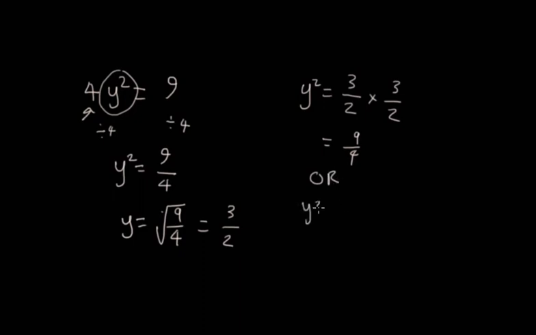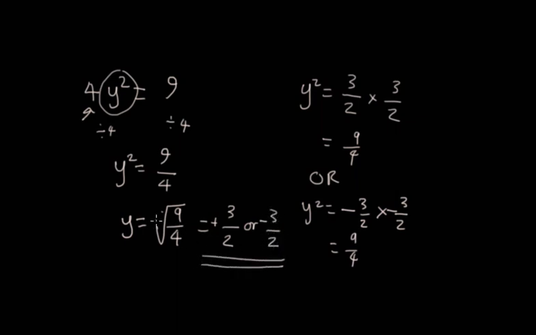We can have y squared is equal to minus 3 over 2 times minus 3 over 2, which would also give us 9 over 4. So when we're solving an equation and we've had to take the square root, there's always going to be 2 solutions. It can be plus 3 over 2 or minus 3 over 2. And you should always, when you take a square root, give the 2 solutions, the positive one and the negative one. I hope that helps.